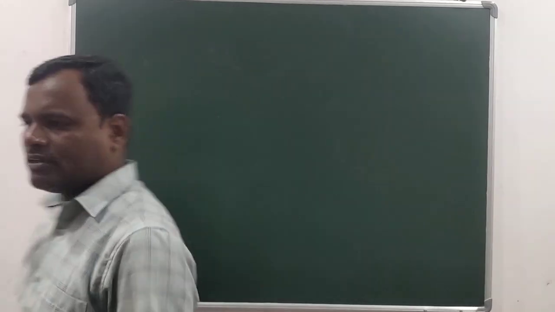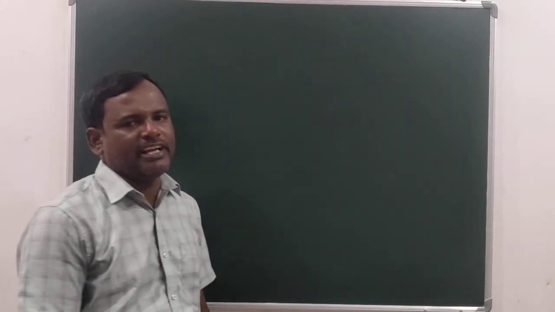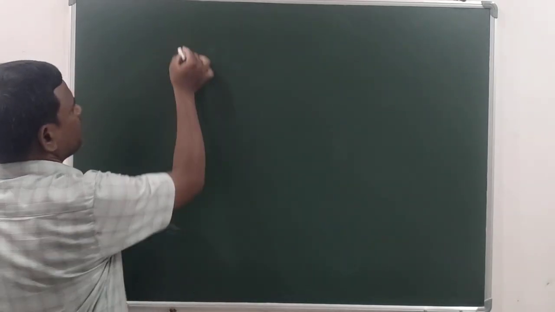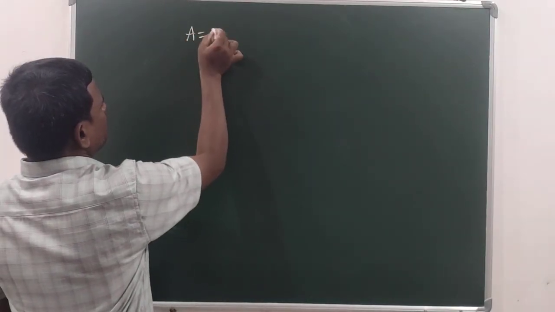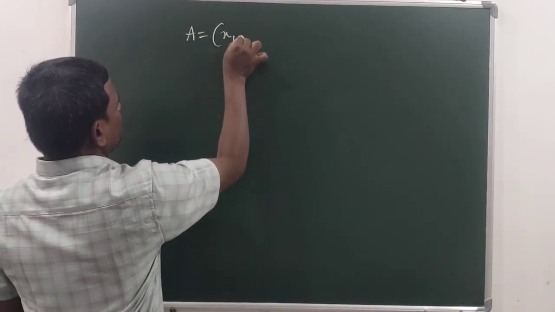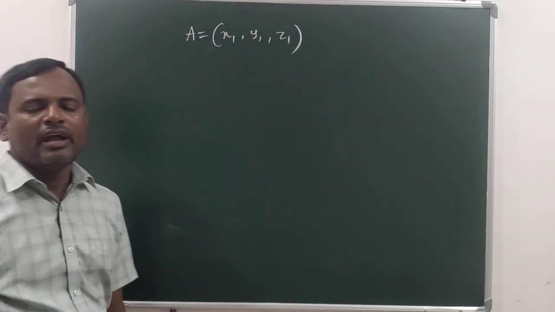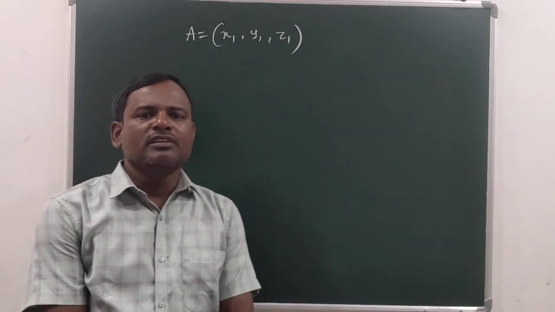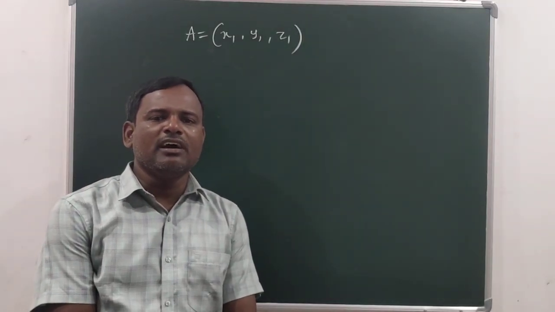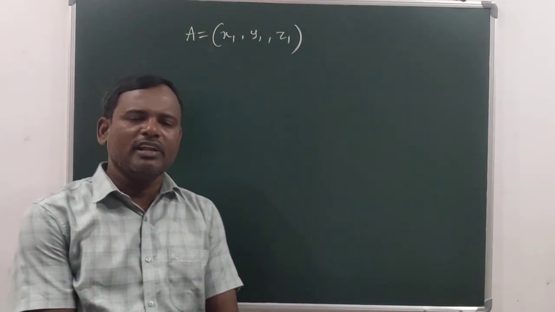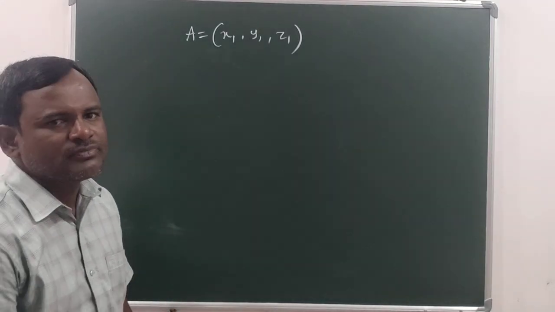Next, let us go to the projection of a point on the x-axis, y-axis, z-axis. One point A (x1, y1, z1) will be given to you, and they will ask us to find the projection of this point on the xy plane or x-axis.